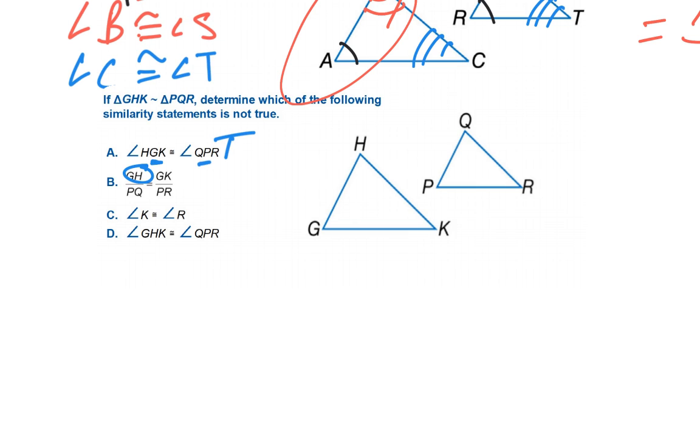And then GK and PR. Is that true? Yes. I don't even need the triangle over there. I can tell it all from the similarity statement. Angle K and angle R, are they in the same spot in the similarity statement? Yes. So that's true. And then look at the middle. H and P. See, H is in the middle right here, but P is the first one. So this one's not true. This one's false.